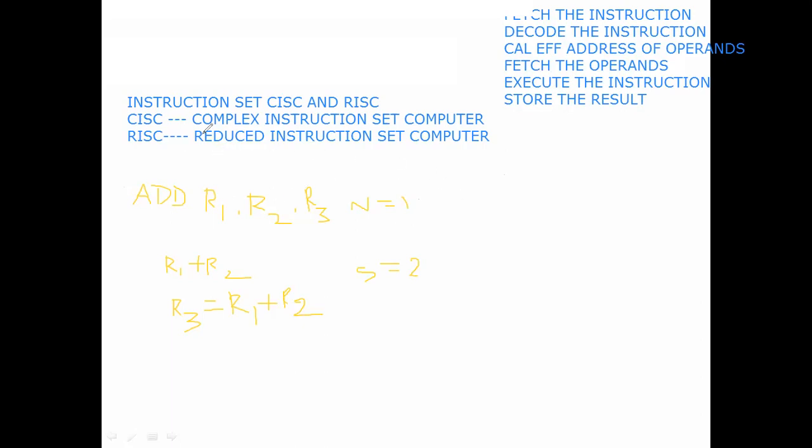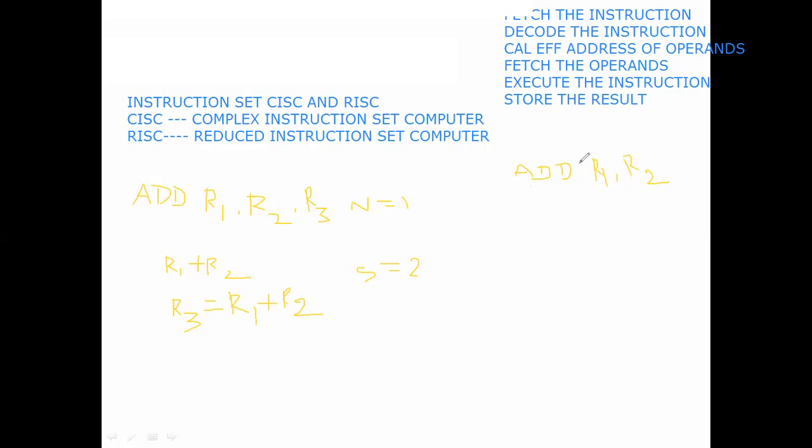Next, RISC, reduced instruction, means a simple instruction, that is add R1, R2. Here, how many operands are we taking? 2 operands. So what is the meaning here? R2 equals R1 plus R2.